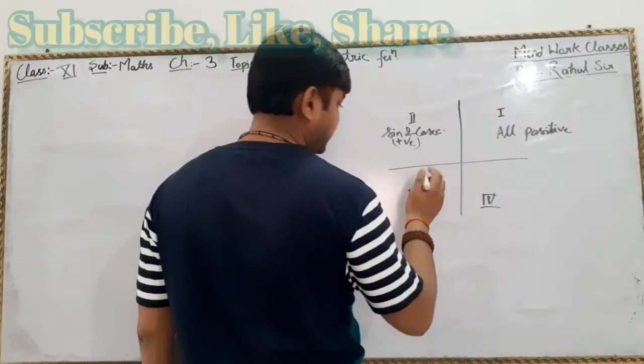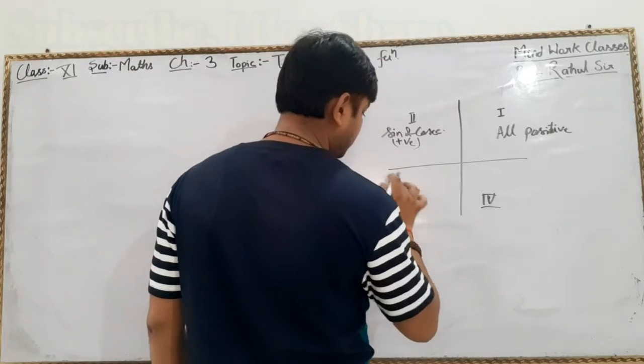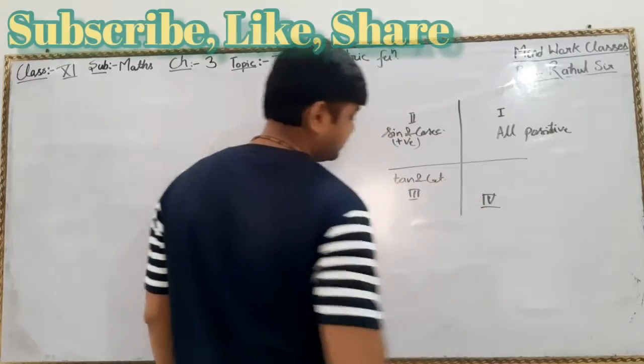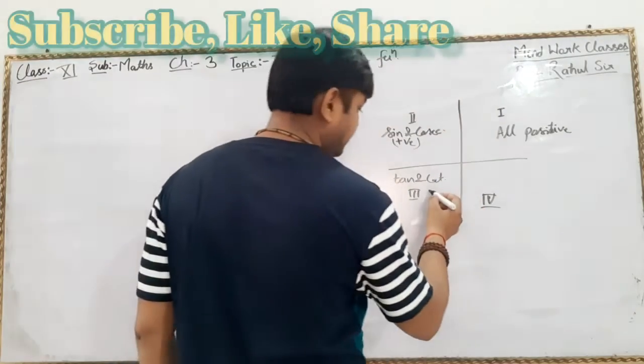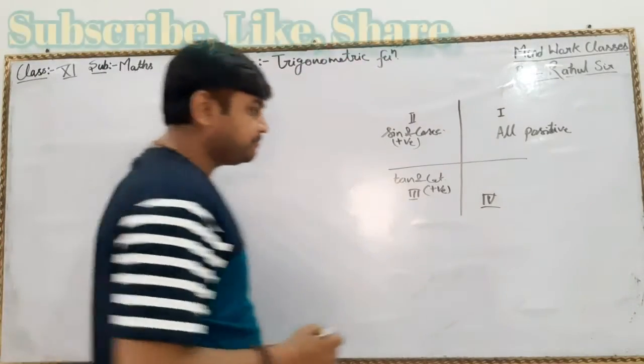In the third quadrant, tan and cot should be positive and the rest will be negative.